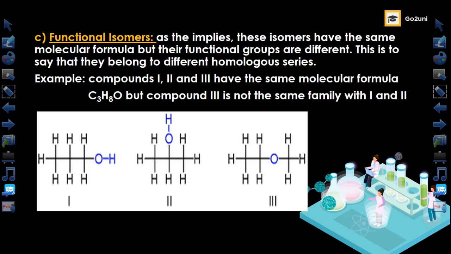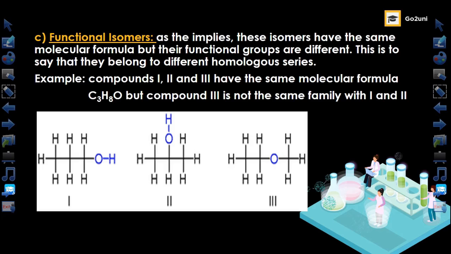Functional isomers have the same molecular formula too, but their functional groups this time are different. This does not have to do with the changing of their functional group position. No. Functional isomers are isomers that have the same molecular formula, but they belong to different functions. They have different functional groups.